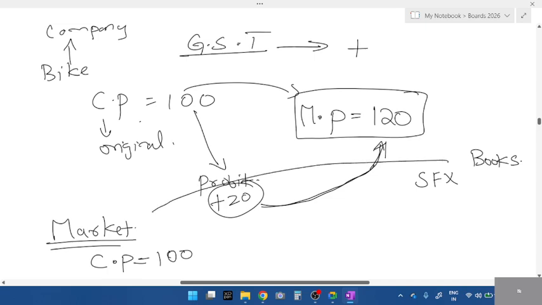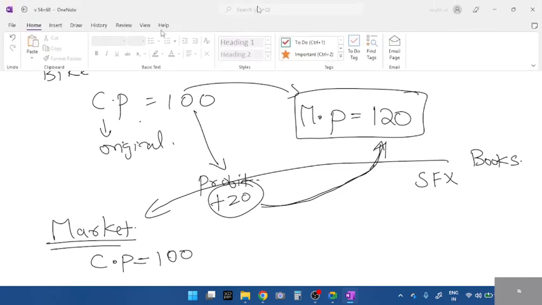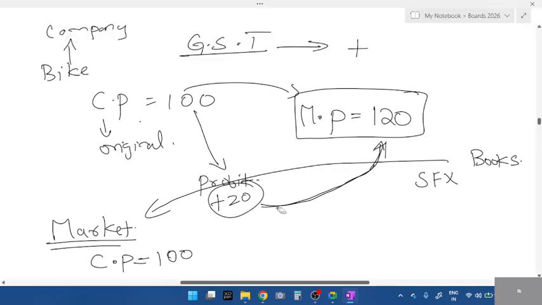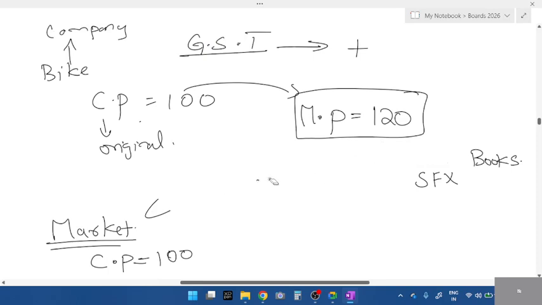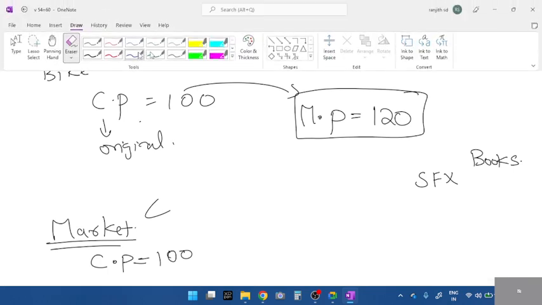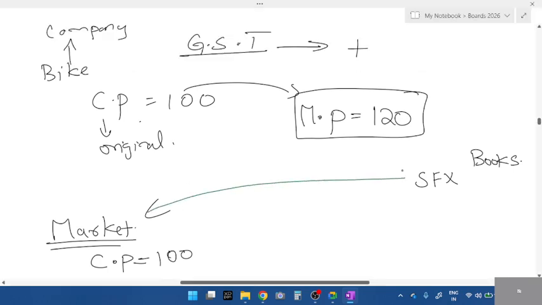So if you want to buy your books or a bag, anything, you can't go to market to purchase. So I will go to market and purchase. Then whatever I pay 100, I'll keep it as 120 and sell it to you. So you don't have to go to market. Instead, you'll pay 120 and buy it from me.